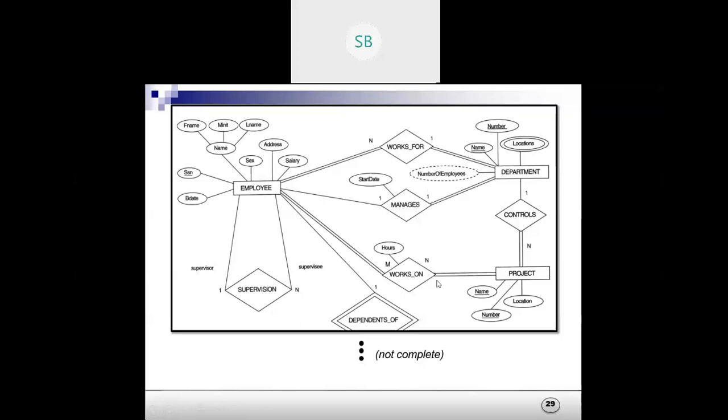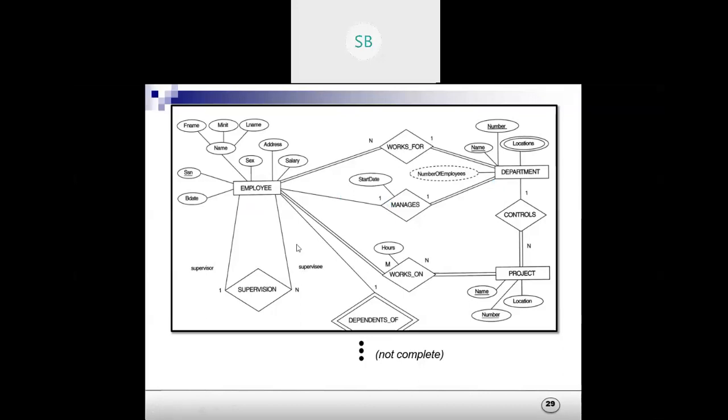Now what does partial participation mean? Partial means obviously some of the people will participate and some will not. So here you check employee manages department. This does not include every employee. Every employee does not manage the department. Only a single employee will manage.